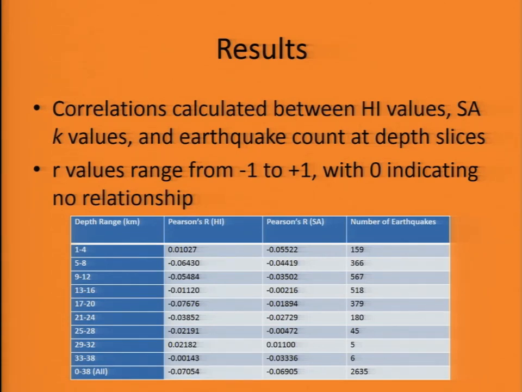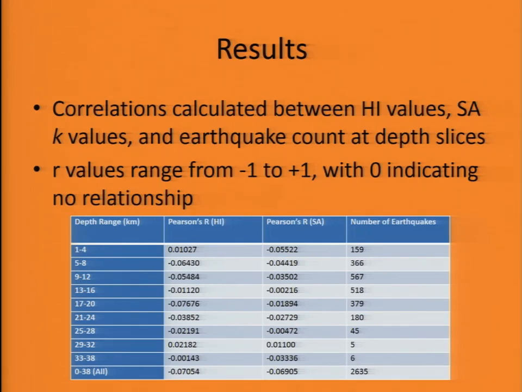Looking at these results, we have R values that range from -1, which indicates an inverse correlation, to +1, indicating a positive correlation, with 0 indicating no relationship. These values don't look too good. They're very close to 0. So that was a little bit disappointing, to be honest. I didn't necessarily find anything.